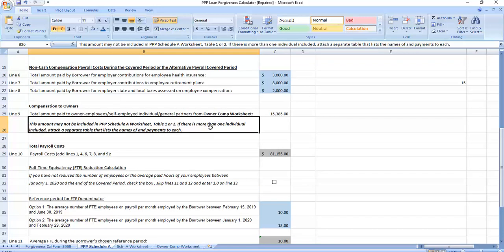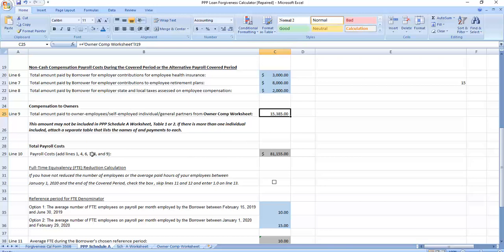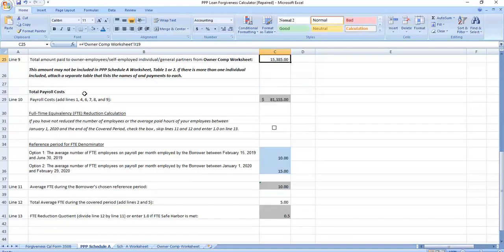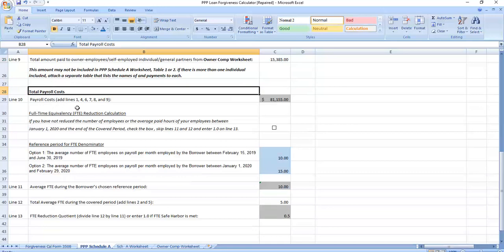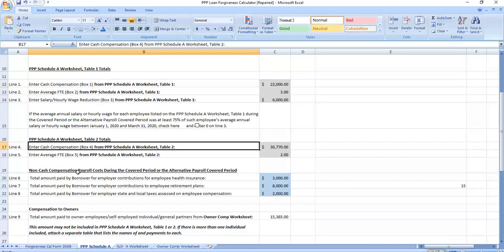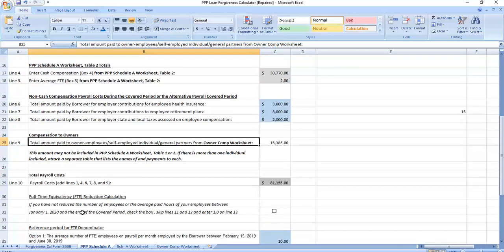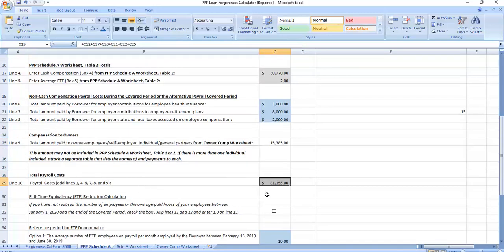So basically, if there's more than one owner, there is no separate worksheet in the application, so you need to attach a worksheet which shows those owners and the wages or salaries paid. So total payroll cost: now you're adding up lines 1, 4, 6, 7, 8, and 9. All these lines are added so that we get the total payroll cost.